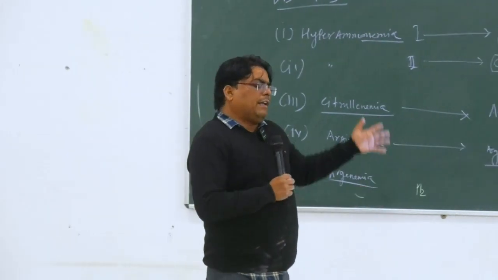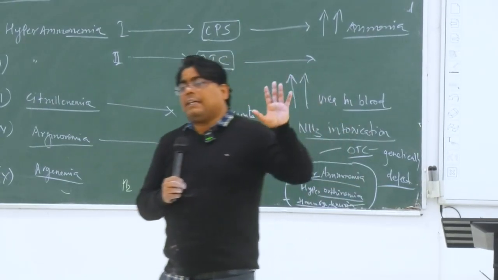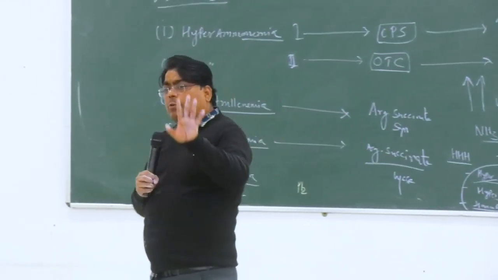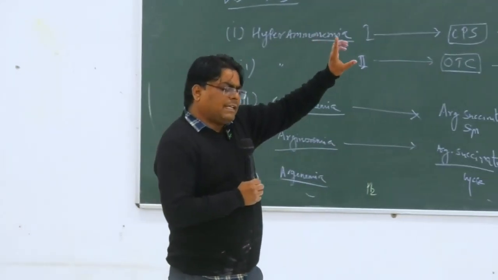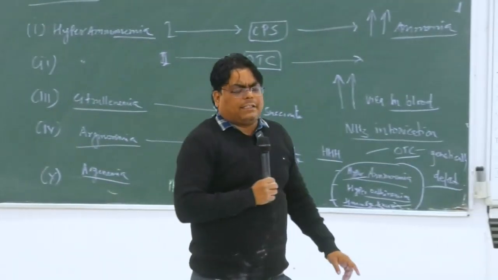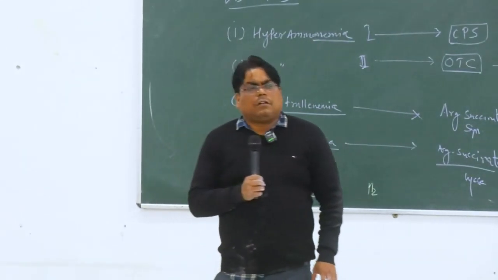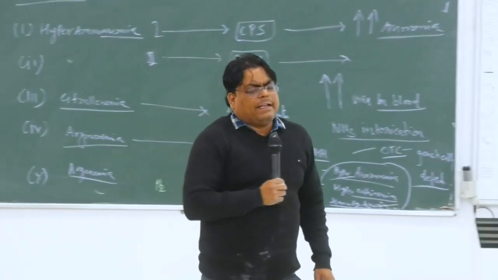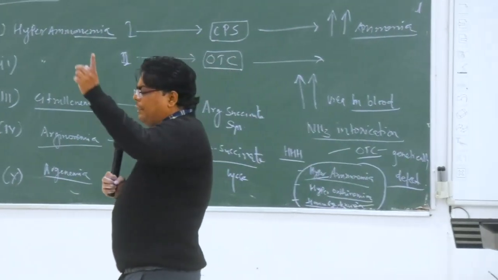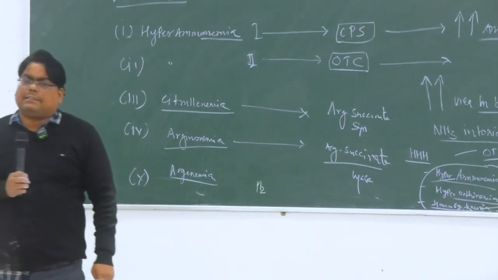Okay. So there are CO2 plus NH3. If you remember this, and write it two times, the urea cycle will be easily remembered. CO2 plus NH3 forms carbamoyl phosphate by the CPS enzyme first. This carbamoyl phosphate reacts with ornithine to form citrulline, and this citrulline is further converted into which substrate?